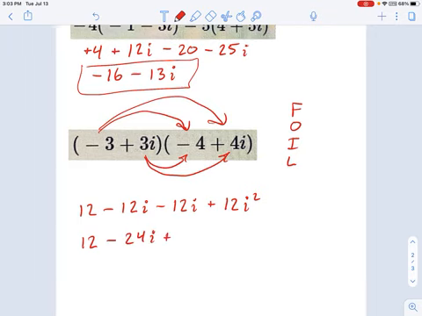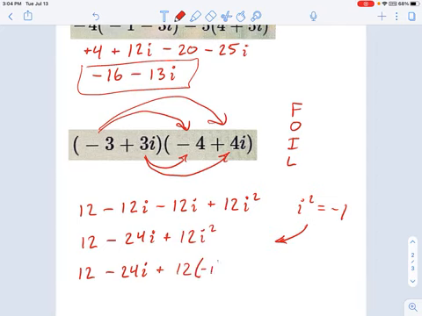So this is 12 minus 24i plus 12i squared. Okay, now you could stop here, but I would prefer that you don't, because we can simplify this some more. Remember, i squared equals negative 1. So let's take that and put it in here and say 12 minus 24i plus 12 times i squared.